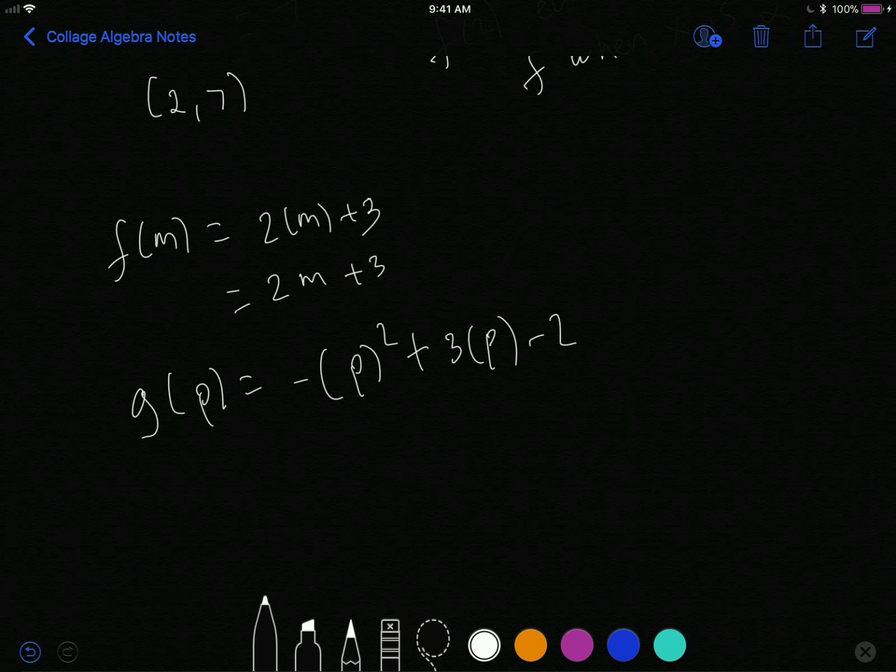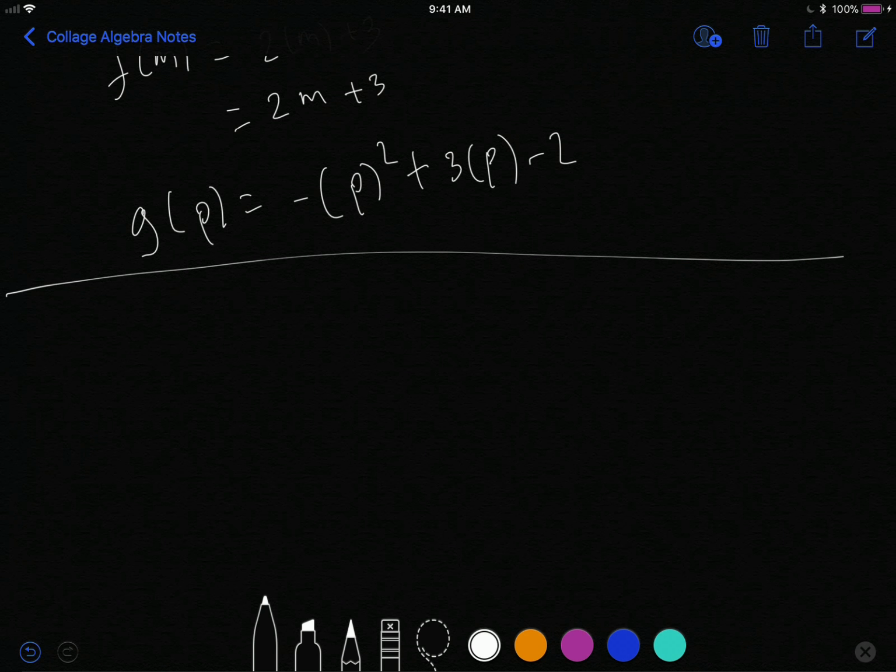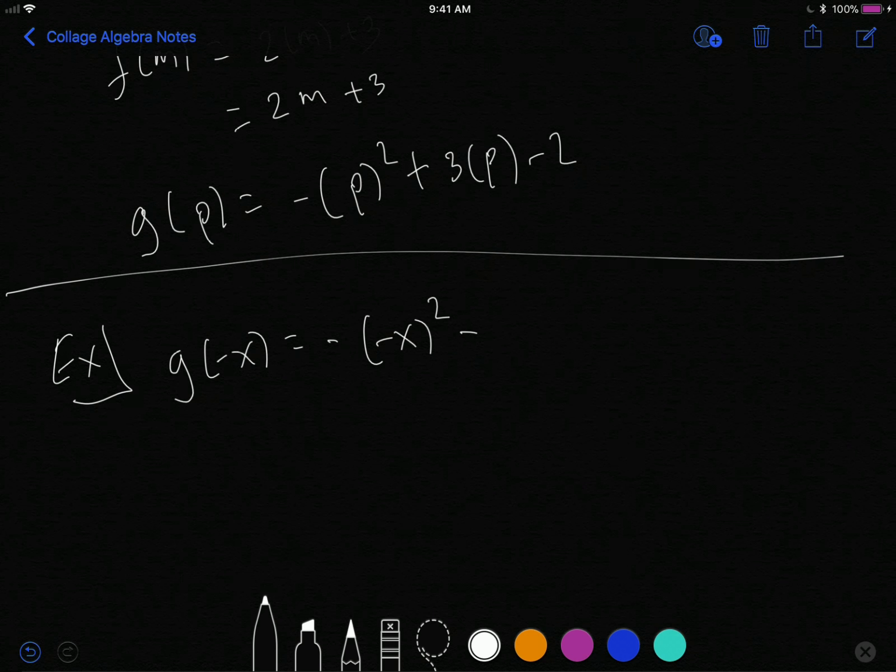One of the more interesting things that I can plug into a function, and this is a key example, is I can plug in negative x. So g of negative x would be negative x squared plus 3 times negative x minus 2.